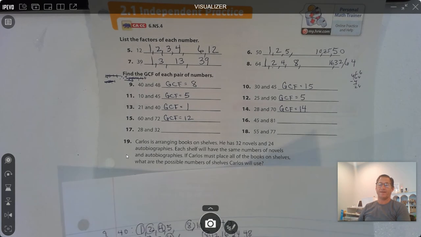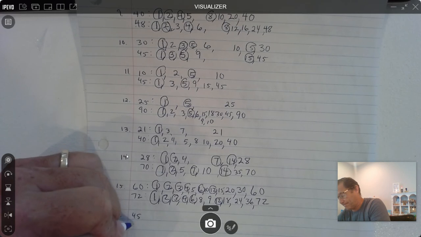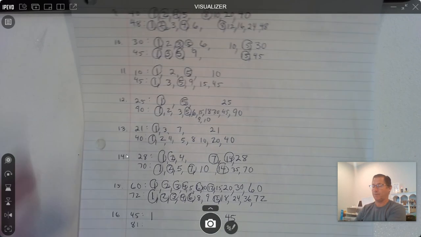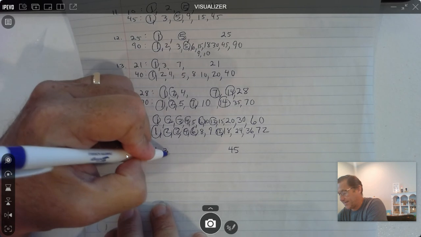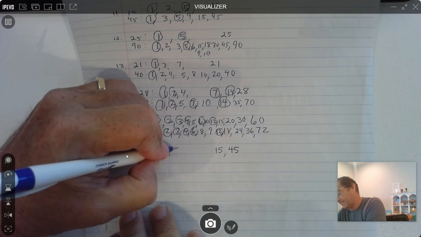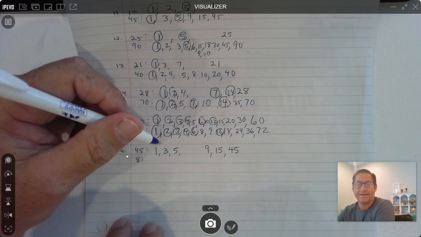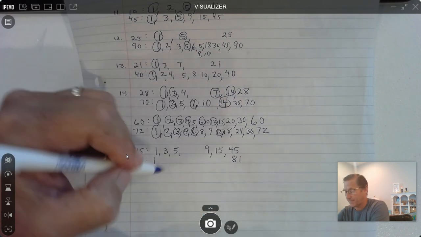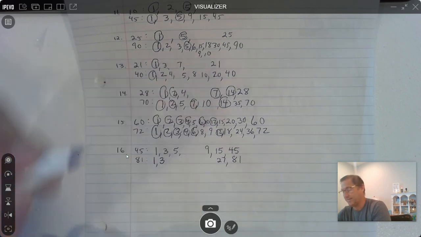Okay, and number 16, we have to find the greatest common factor of 45 and 81. All right, we know 1 and 45 are factors of 45. 2 is not. 3 is. 4 is not. 5 is. 5 times 9. 6 is not. 7 will not work, and 8 will not work. 81: 1 and 81. 2 is not. 3 is, 3 times 27.